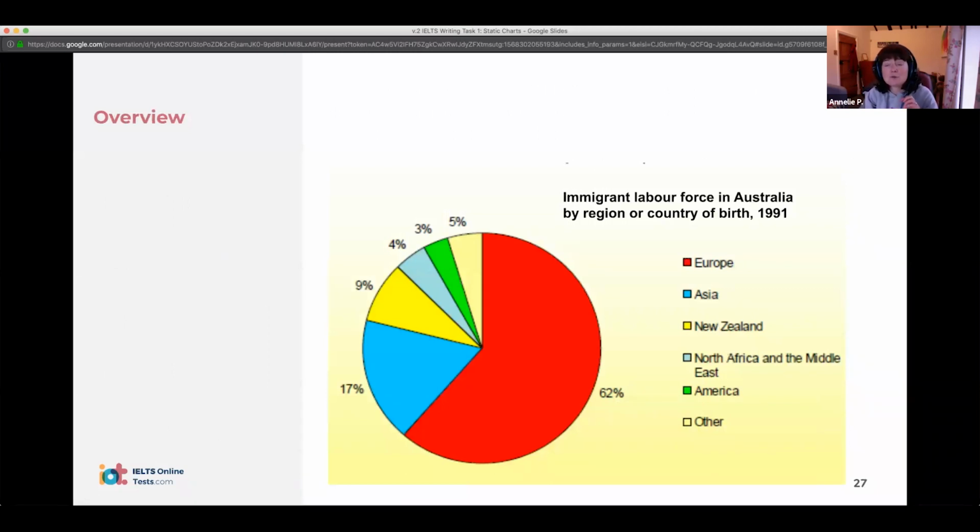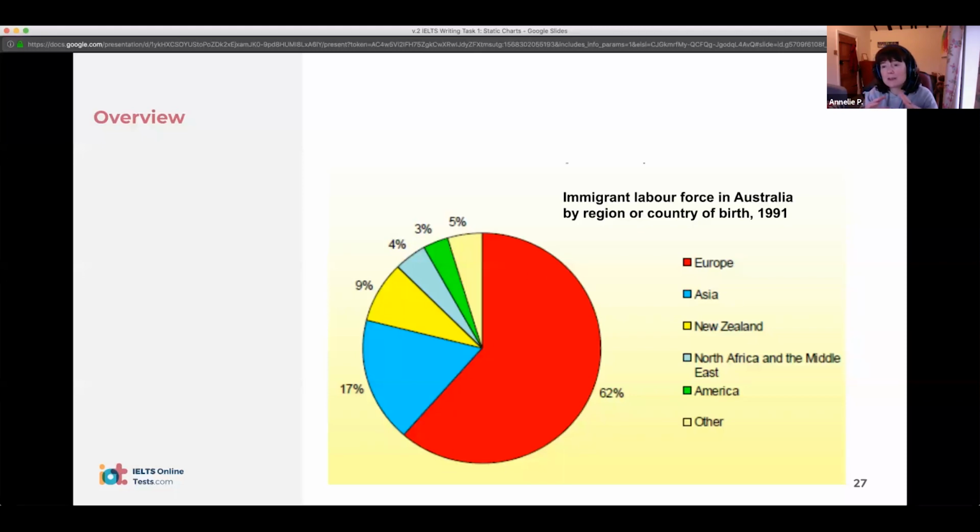Now this is really, really important, okay? If you're looking at getting a band 7 or above, one thing is they say a clear overview. So that means that it's in a separate paragraph, that you're beginning with a linking word, which shows that it is an overview, and that you make a very clear distinction between the main trends, which you put in the overview, and the detail, which you put in the body.